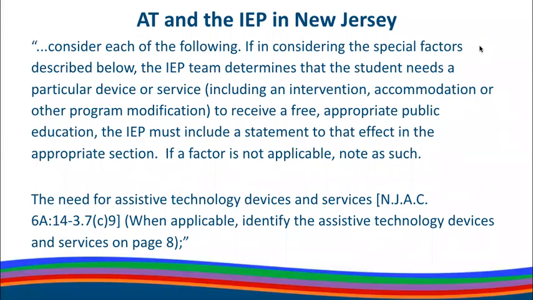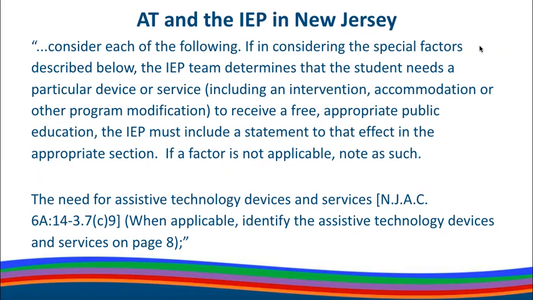In New Jersey, you may have seen this question come up on your IEP, and this is taken from the New Jersey sample IEP, and it's featured in every IEP throughout the state. So in the special consideration section, you'll see the line that reads, consider each of the following.